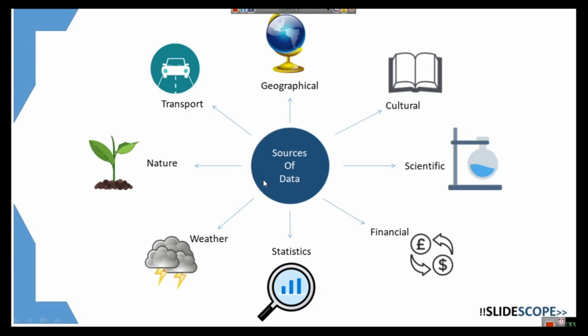And as the years are passing by, the amount of data is increasing exponentially. We have an exponential increase in the amount of data every year, because every year more and more events are happening. So these are some basic sources of data.